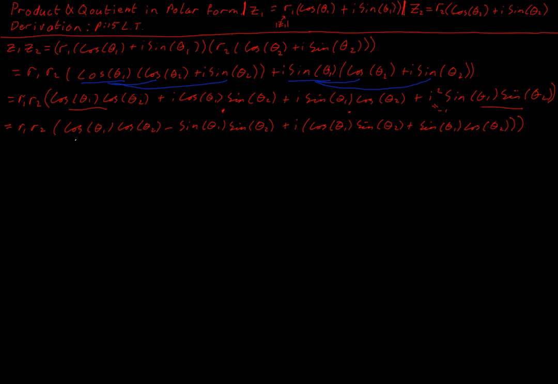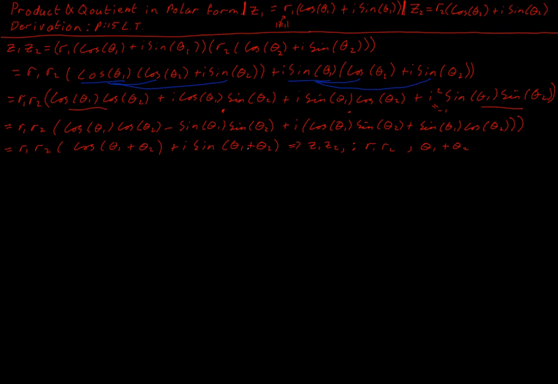Now I've done that, I go to my log tables, page 15, and I look at my different identities and I say, do I recognize what this is and what this is? And I can see that from my log tables, this is cos of theta 1 plus theta 2, and this is sine of theta 1 plus theta 2. So I'm going to write that down now.